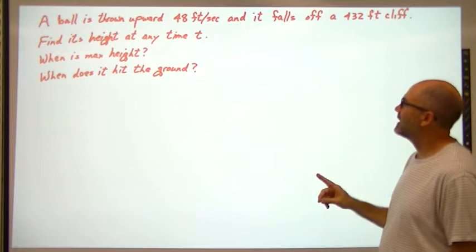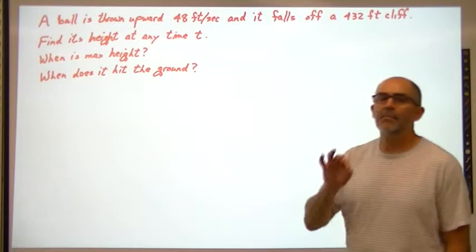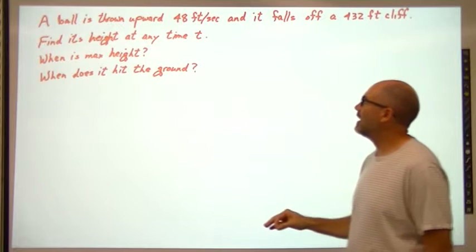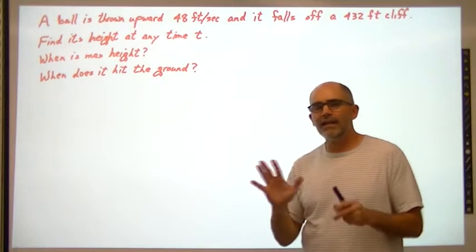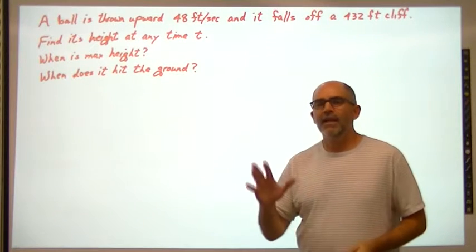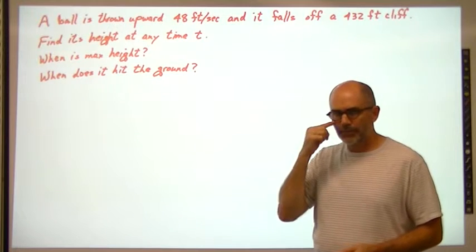We want its height at any time t. Now, height is position. That's displacement. And one other thing you need to understand is, in our convention of physics, up is positive, down is negative.